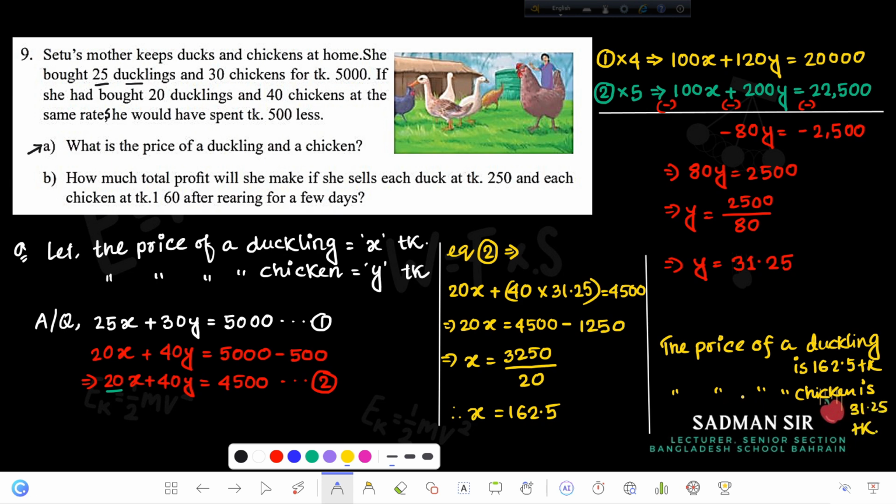Okay, so that is the answer of A. Now let us deal with number B. How much total profit will she make if she sells each duck at taka 250 and each chicken at taka 160 after rearing for a few days? Okay, let us see that.